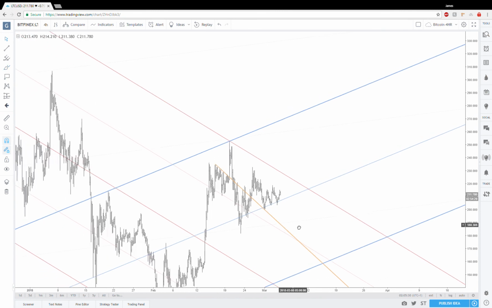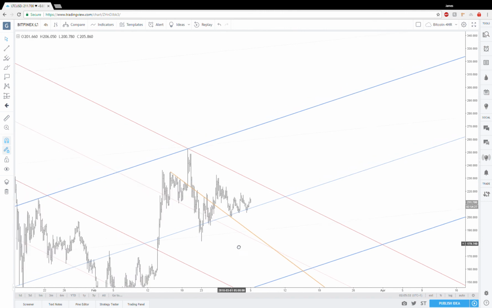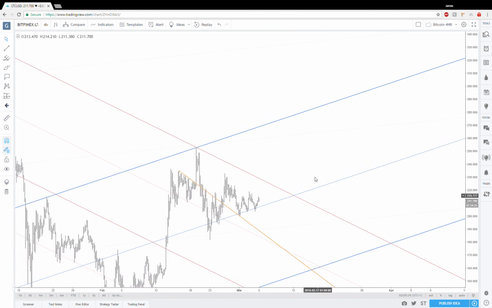I know I talked about a few other things outside of Litecoin, but that's the overall market. This is a 4-hour time frame, so the daily really doesn't change that much more, but I just like to use a 4-hour because I can visually see things a lot better, and I do everything visually. Like I said, everything's done by frequencies, everything's done by slopes, and my charts sometimes get much crazier than this.